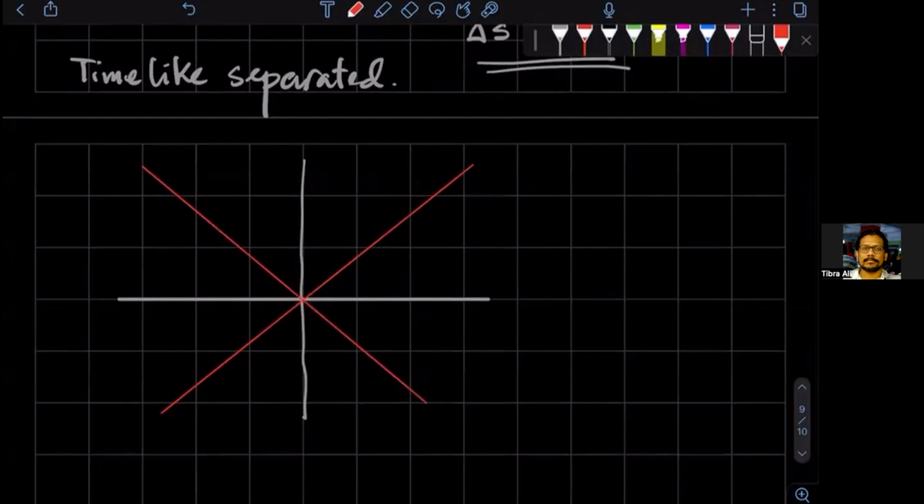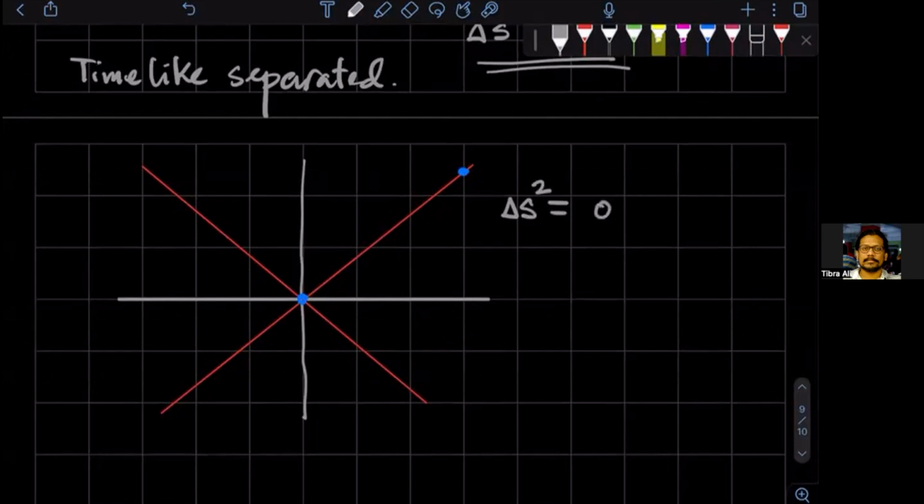Okay, now suppose that I have again my event at the origin. Another event is on the light cone. In that case, what is delta S squared? 0. Right.